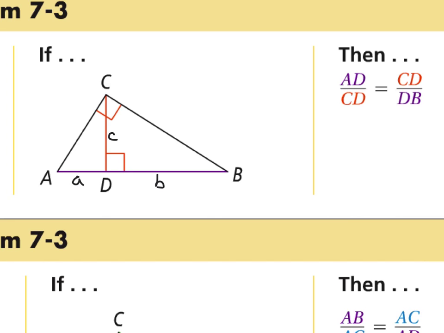So this short length, A to D, one segment of the hypotenuse, corresponds to the altitude, and then the altitude corresponds to the other length.